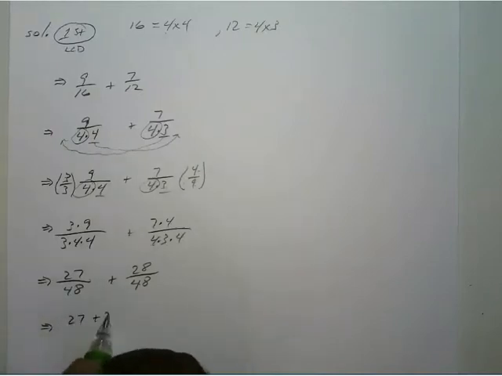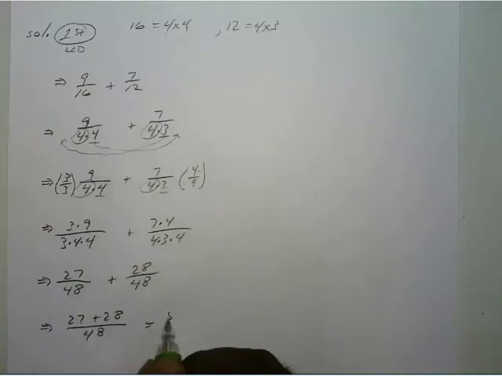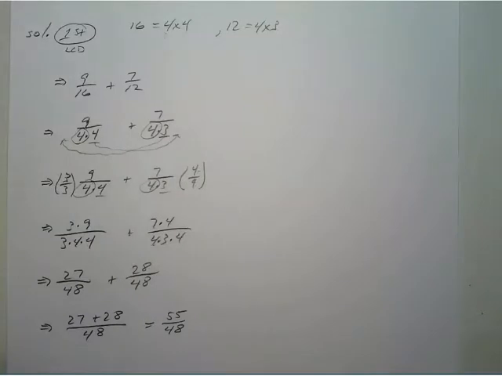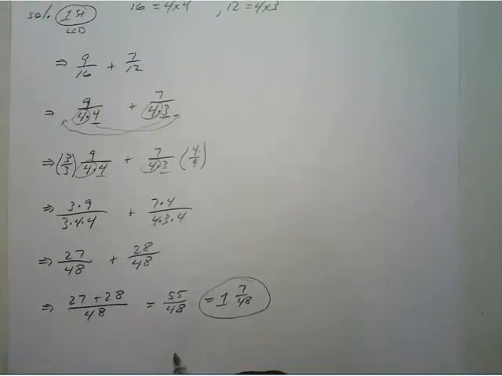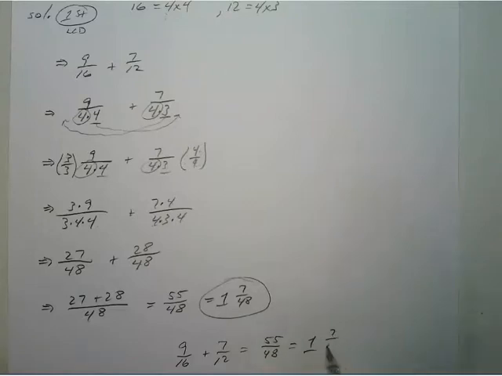So 27 plus 28 over 48 is equal to 55 over 48. If we convert this to a mixed number, it will be 1 and 7/48. So that means that 9 over 16 plus 7 over 12 is equal to 55 over 48, or 1 and 7/48.